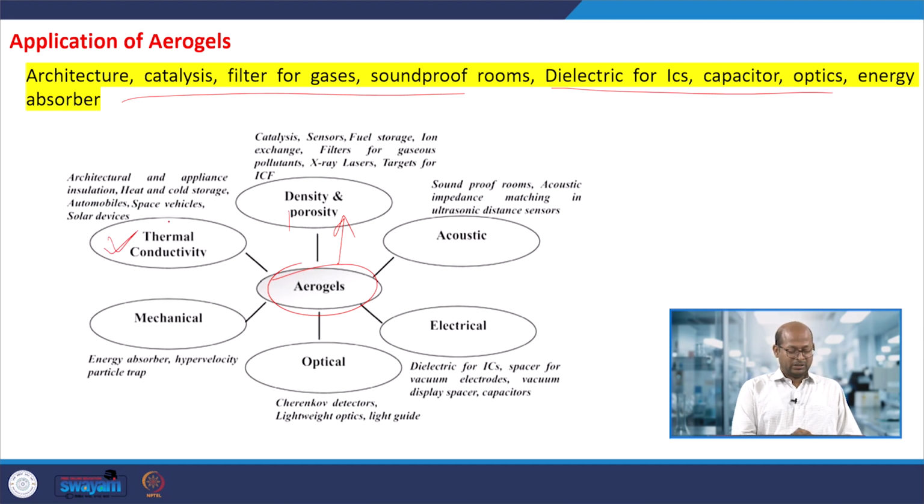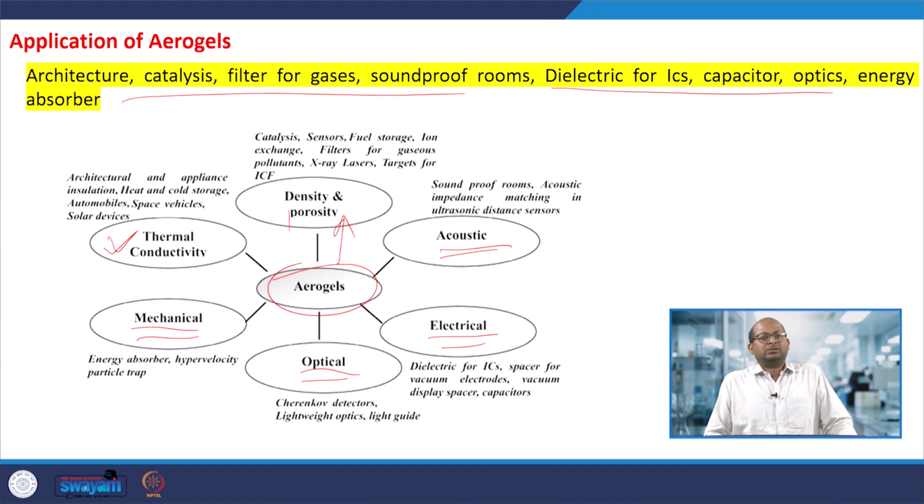Also thermal conductivity is very low, and there are electrical, acoustic, optical and mechanical properties too. Different places we can use these materials: catalyst materials, gas filter materials, soundproof roof developments, dielectrics for ICs and capacitors, optics, energy absorbers, many places we can use these aerogel materials.